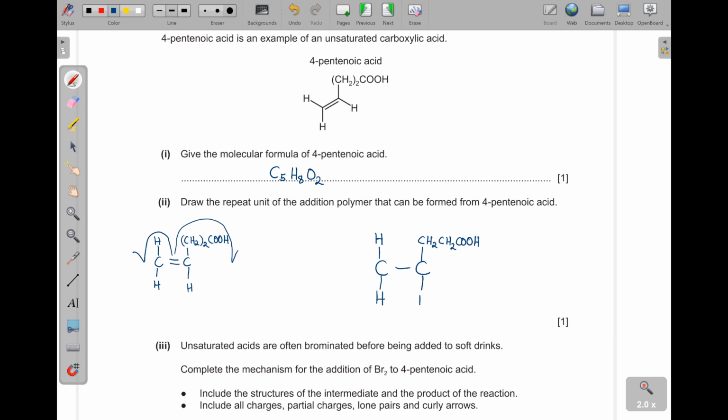And then here we have a hydrogen, then this one opens up, and you can even make these bonds dotted because they show continuation. So this is the repeat unit of the polymer. If we put an N here, that means there are many molecules of this one, but don't put that. When you put the N, it implies that you are having a polymer. Just leave it like that.